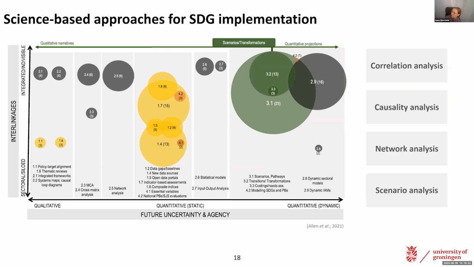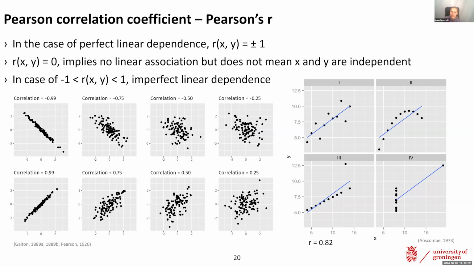What I will talk about briefly is correlation analysis, causality analysis, and briefly network and scenario analysis. As you might know already, if you want to look at correlation analysis, the most well-known approach is the Pearson correlation coefficient. In that case, it's for detecting linear dependencies. If you have something close to 1, obviously, you have a positive correlation.